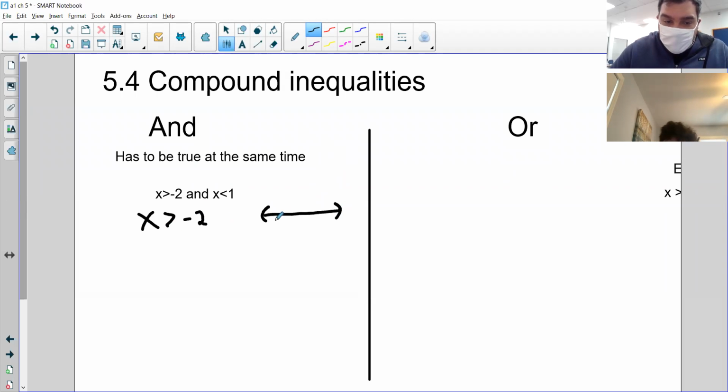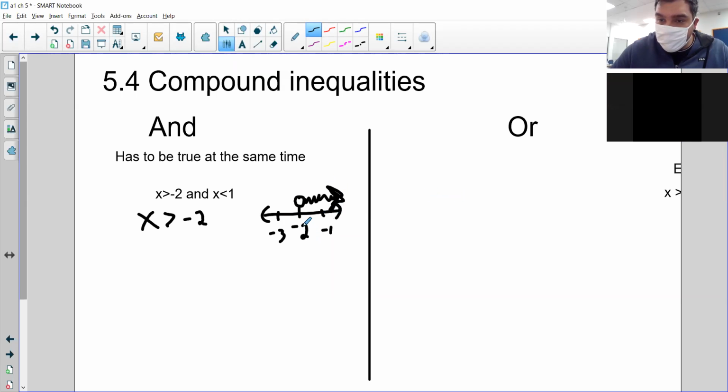It will be some number line where you have -2 in the middle. Here's -3. Here's -1. Open circle, X goes to the right. But X is greater than -2, but it could also be less than 1? So there's some numbers where this statement is true, and there's some numbers where it's not true.